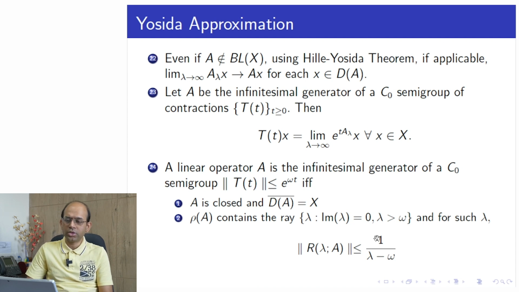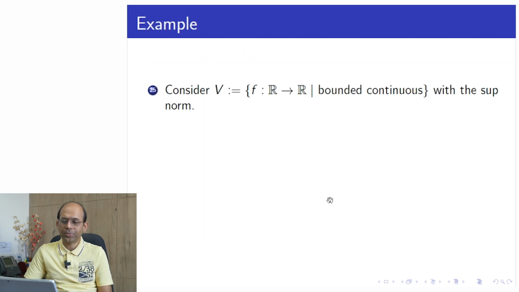Generally when we say Yoshida theorem, we sometimes also refer to a whole collection of theorems. Now we need to talk a little bit about some examples, otherwise things are becoming a little more abstract. So consider the space V. V is the set of all real valued functions f from R to R which are bounded continuous, with the sup norm, the supremum norm.